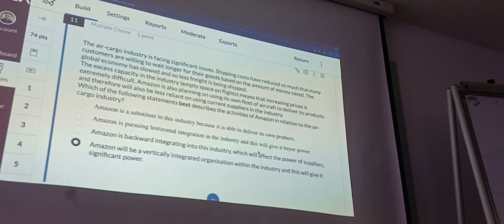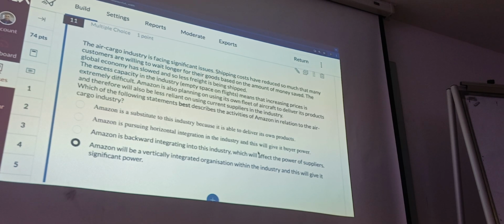Air cargo industry is facing significant issues. Shipping costs have reduced so much that many customers are willing to wait longer for their goods based on the amount of money saved. The global economy has slowed down, so less freight is being shipped. The excess capacity in the industry, empty space on flights, means that increasing price is extremely difficult.